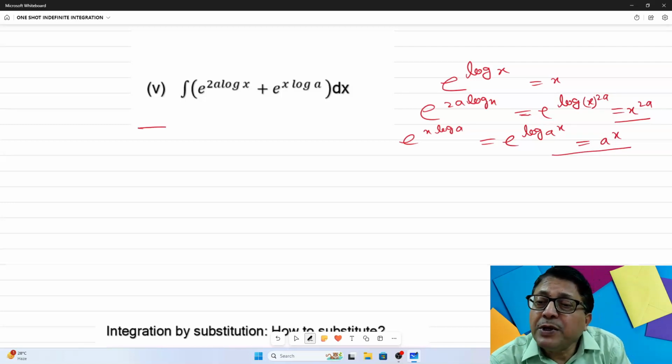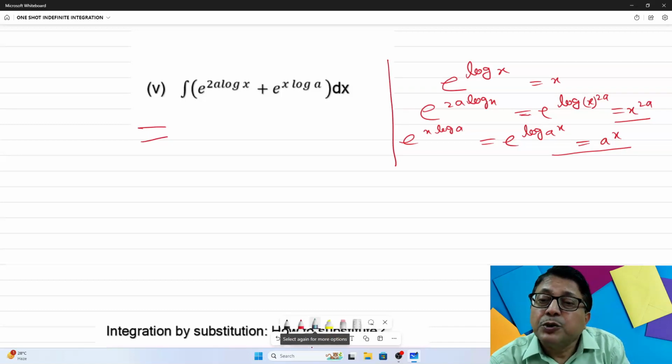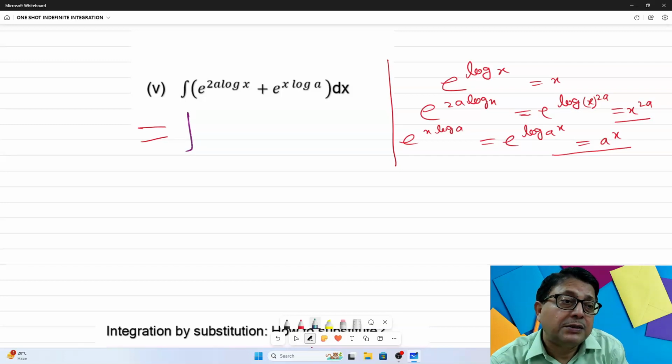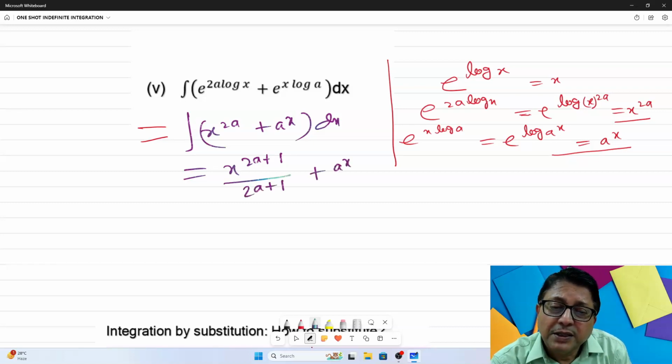So for this particular sum, you just make this conversion before and then you do it. So this is changed to x to the power 2a plus a to the power x dx. This is nothing but x^(2a+1) by 2a plus 1 plus a^x by log a base e plus c.